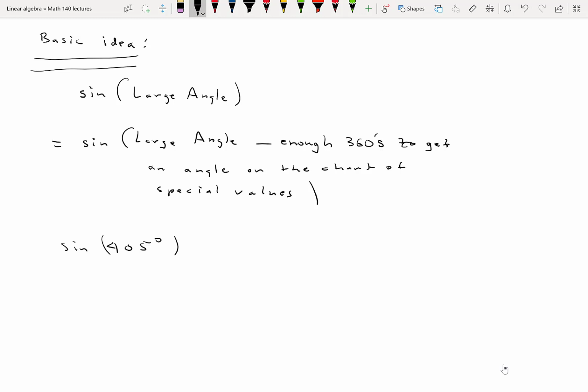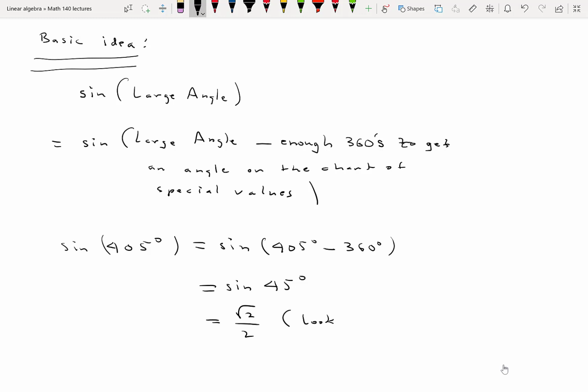Of course, the answer is no. So subtract enough 360s to hopefully end up with an angle that's on the chart of special values. Sometimes this won't work, and that's the potential problem. I'm just subtracting 360 once. Every time you add or subtract 360s, you have a coterminal angle, and the trig functions are unaffected by that. 405 minus 360 is 45, and the sine of 45 is on the chart of special values.